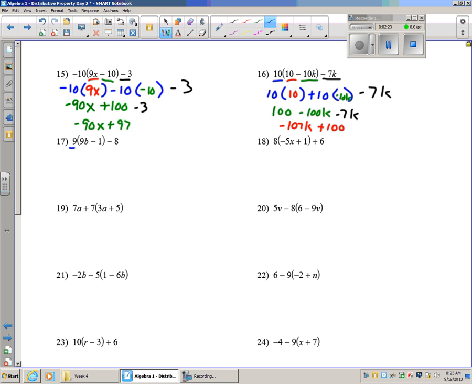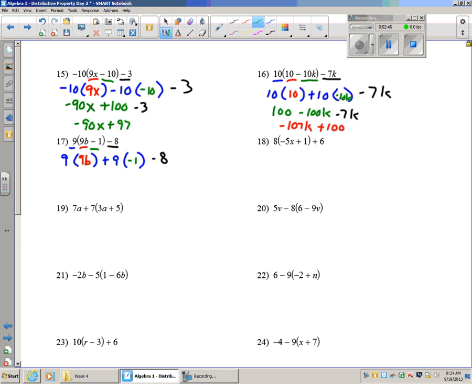Number 17, the 9 is being distributed to two different things, and the negative 8 just drops down. First term is 9b, and the second term is negative 1.